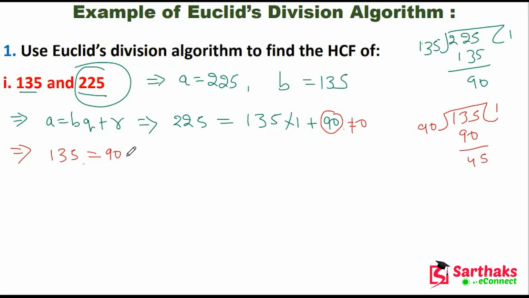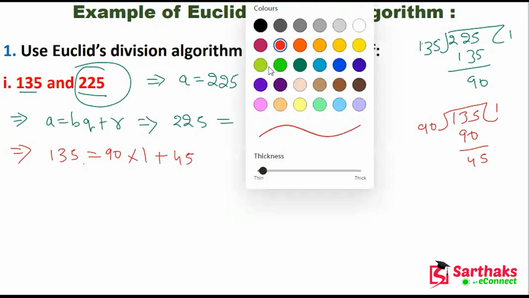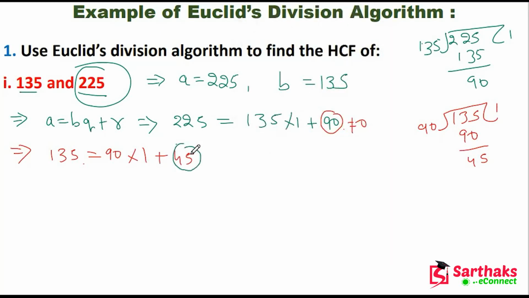Now our quotient is 1 and the remainder is 45. Our remainder is not equal to 0, so again we repeat these steps.